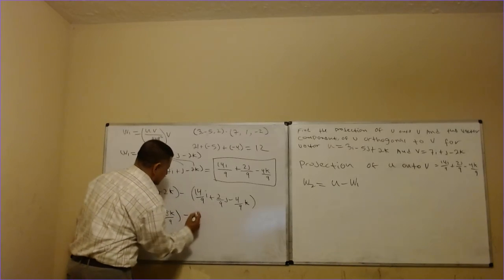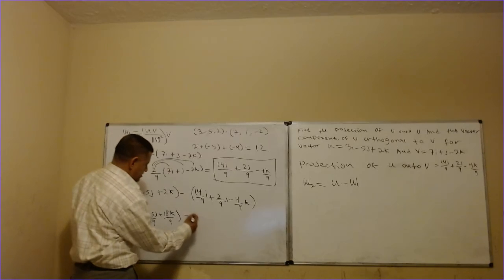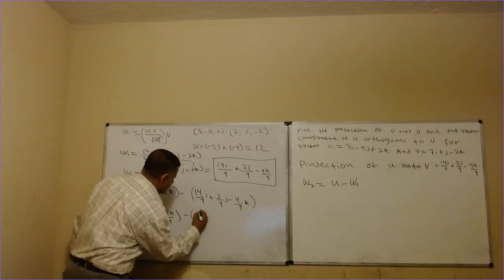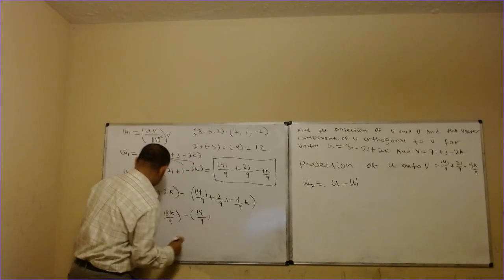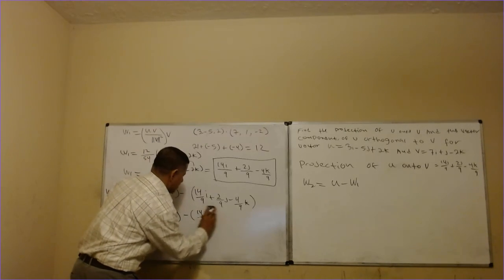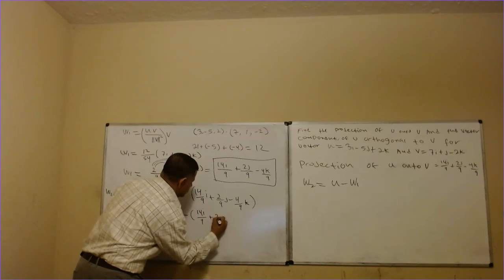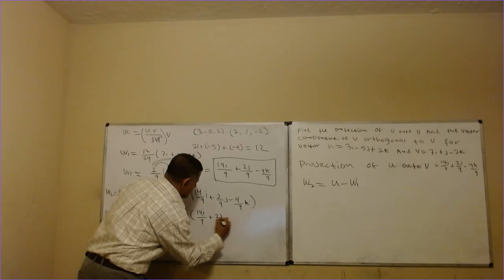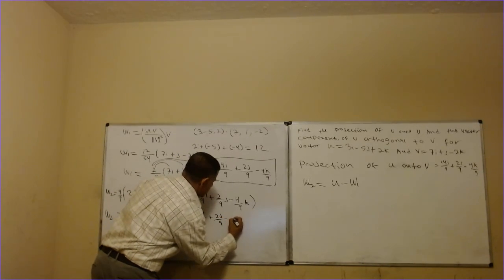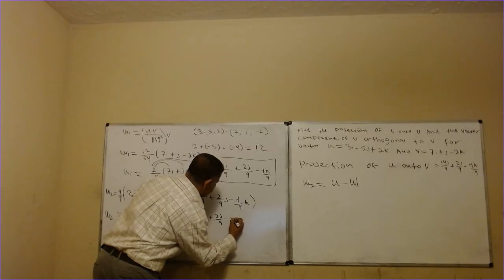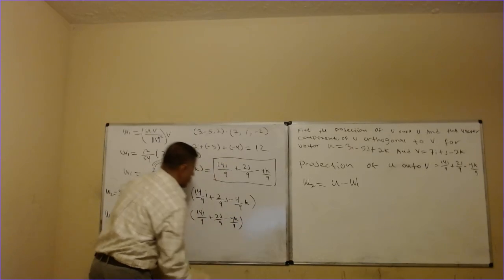Now I'm subtracting this part, so remember the rules of mathematics: 14i over 9 plus 2j over 9 minus 4k over 9.